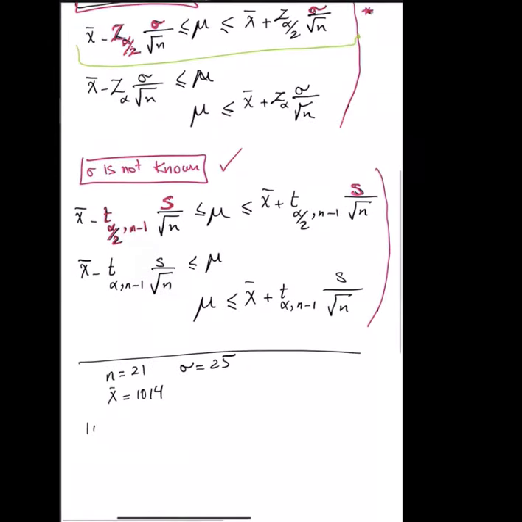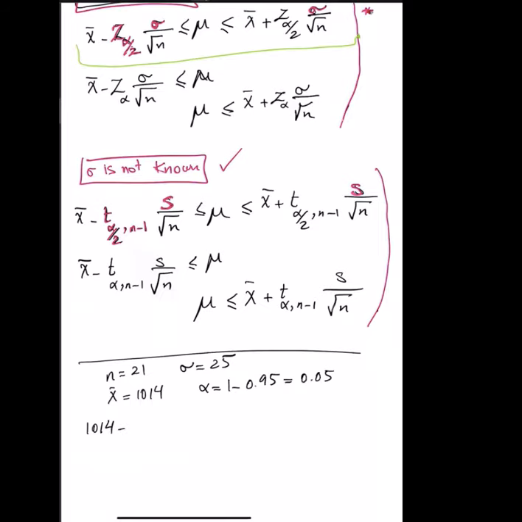X bar I know. Do we need alpha? Yes, we do. It says construct a 95% confidence interval, so alpha is 1 minus 0.95, which is 0.05.